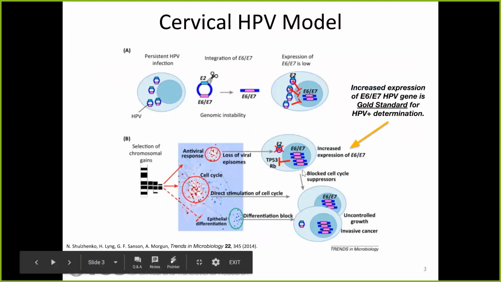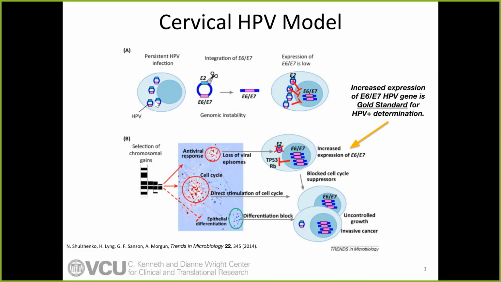This is the cervical model of HPV. I'll just go over it briefly. HPV infects the cell as an episome, and it's got these E6, E7 genes in there. It also has an E2 gene. While the virus is in its episomal form, the E2 gene expression suppresses the E6, E7 gene expression.